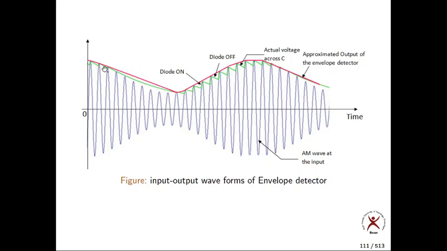This color represents charging and discharging of the capacitor. When the diode is on, it is charging like this. When the diode is reverse biased, it is discharging like this. This is the actual output you get, so more or less you are getting the envelope.